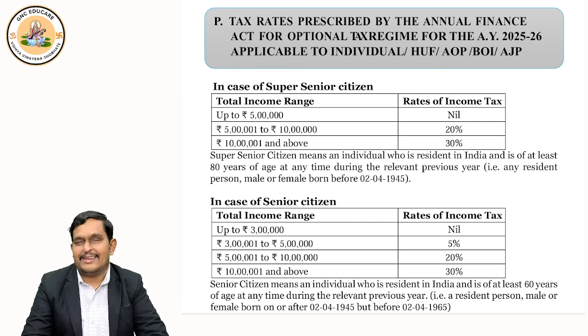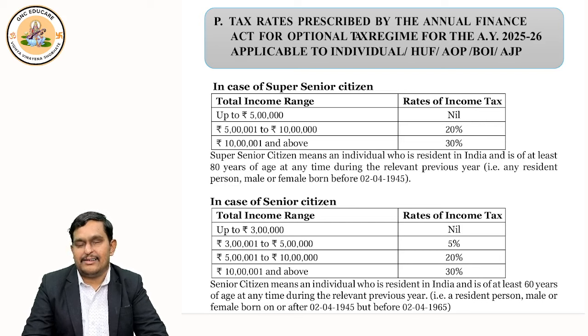So let's start. Suppose you file the income tax return under the optional tax regime. Then what would be the tax rates? You are an individual, a resident super senior citizen. Then what would be the tax rates applicable?